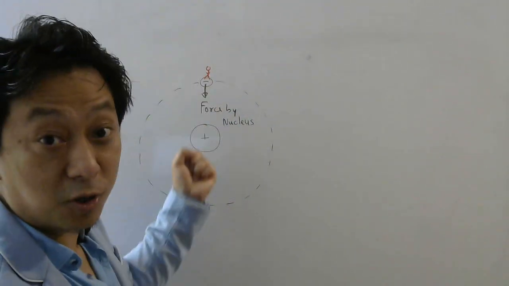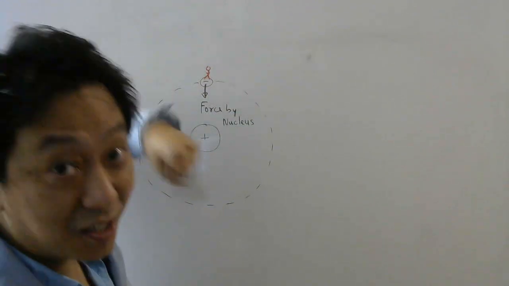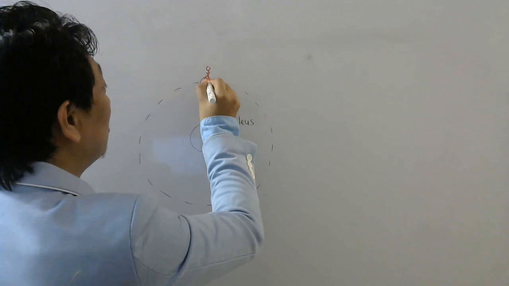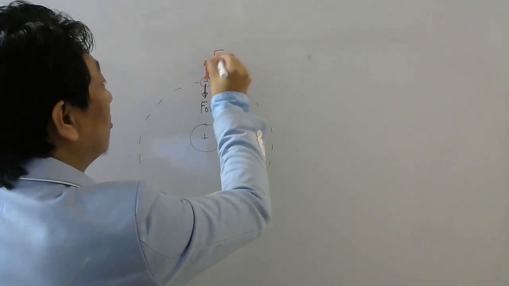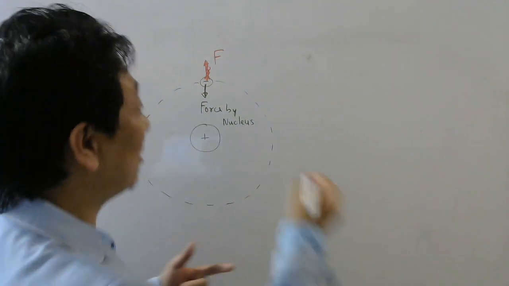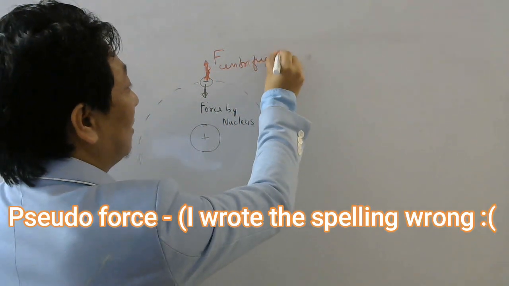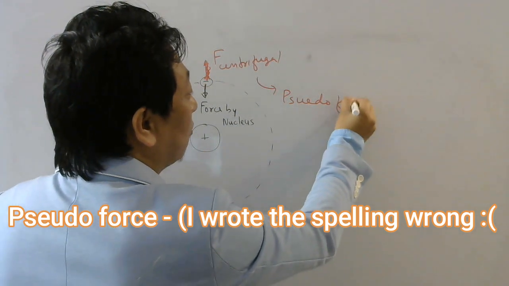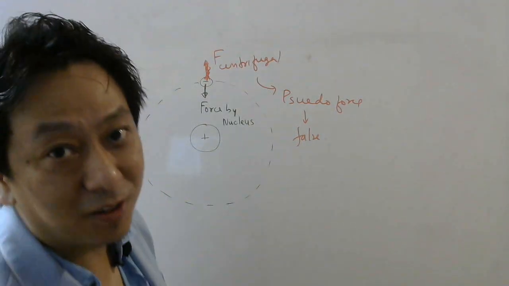However, there is a force from the nucleus. So only for this person to understand why this electron is at rest, he has to assume a force which acts outward, and that force is what we call centrifugal force, and that is a pseudo force. By pseudo we mean false. So it does not actually act on the body.